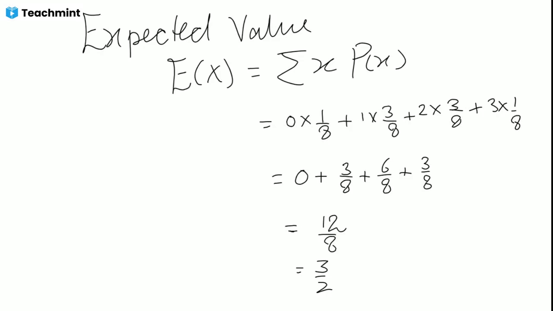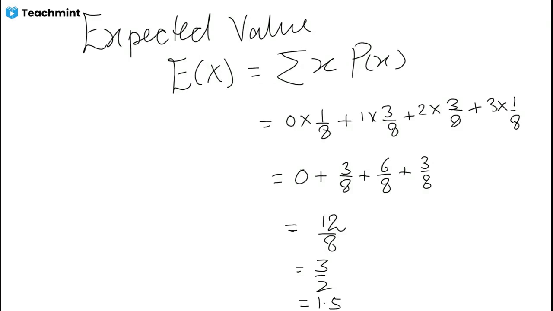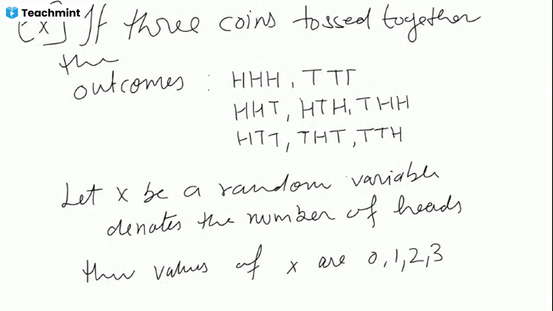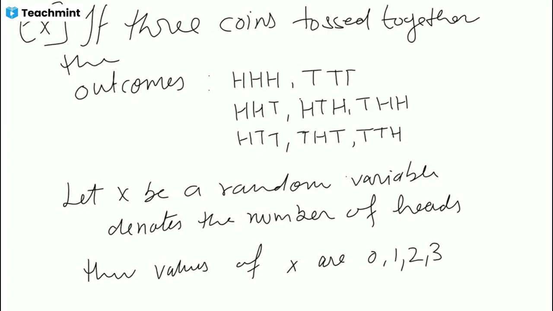This is the expected value for the given experiment. In this experiment, we toss a coin three times or three coins together. We can take it as the same condition, and we get the same outcome if we toss a coin three times or three coins together.